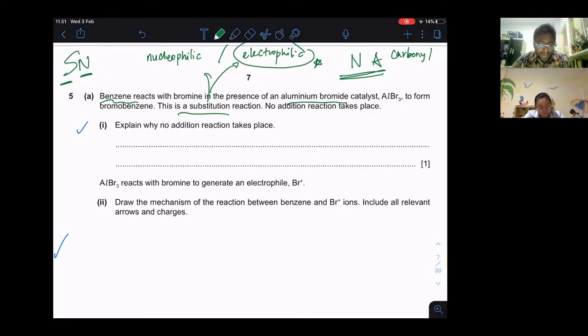Now, explain why no addition takes place. To answer this, you need to answer in a proper way. We need to say that if there is addition, then the product formed is not stable. When the electrons become delocalized in the ring, the entire molecule is going to be stable.